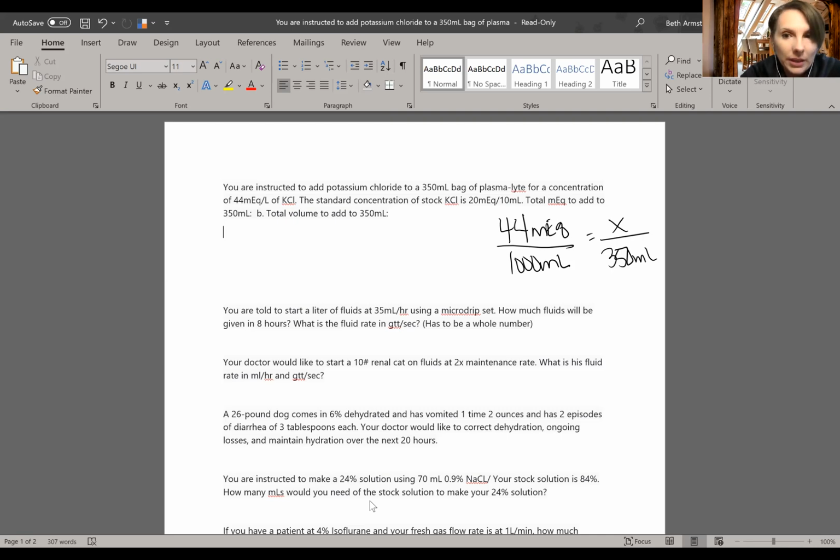Or the easiest way is to take your 44 milliequivalents divided by 1,000 mLs. Figure out how many milliequivalents you need for 1 mL that he's asking, or she is asking.